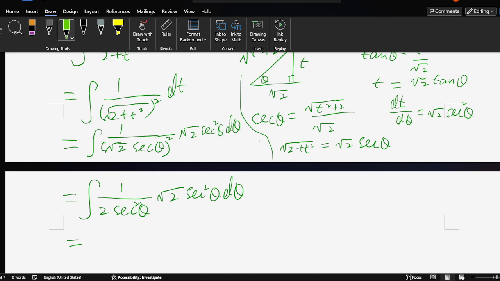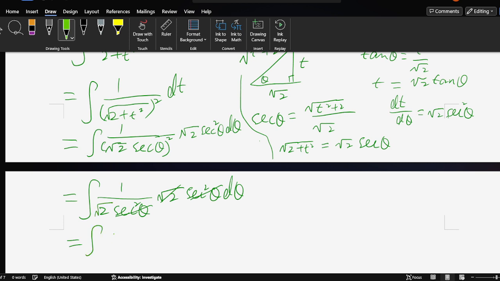So secant squared theta is cancelled, and 2 we can write as the square root of 2 squared, so one square root of 2 cancels.